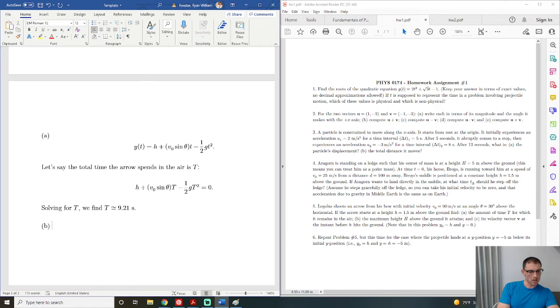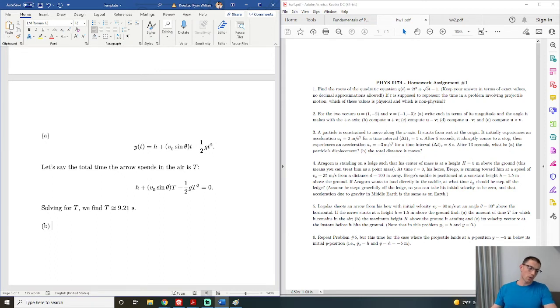Okay, but does anybody know what we want to do for part B here? How do we figure out the maximum height above the ground that it attains? Who's got something? Because this is an important conceptual idea here.